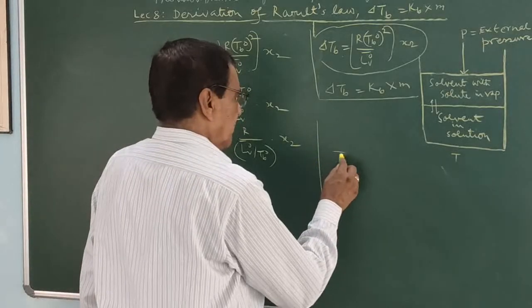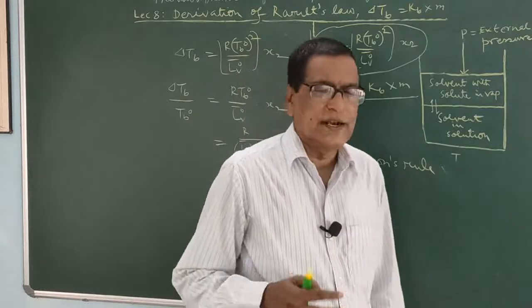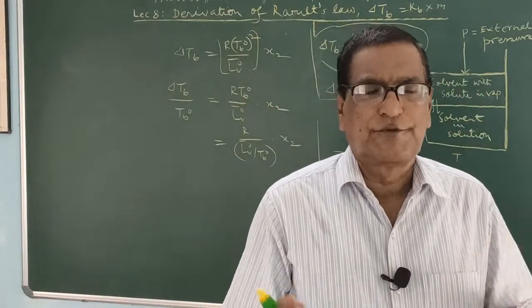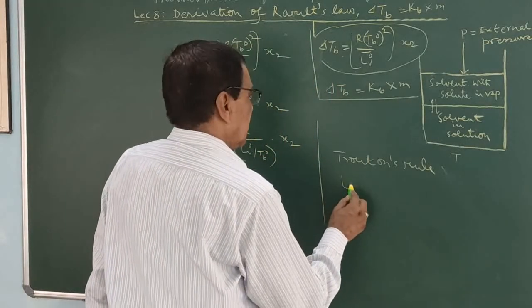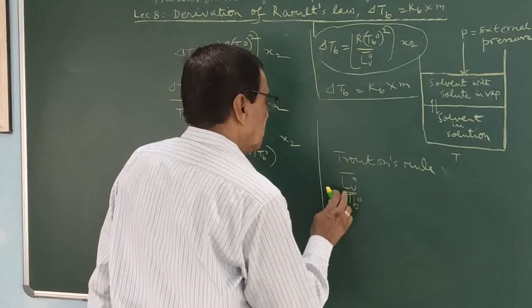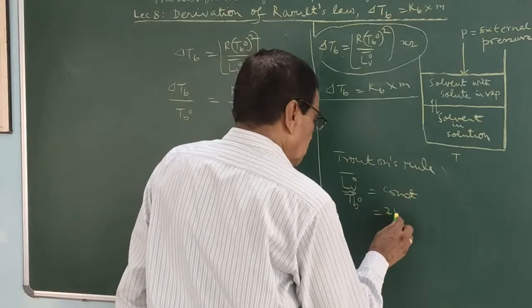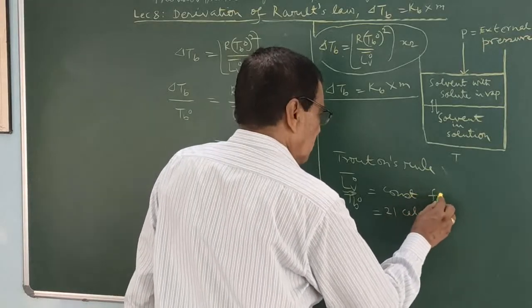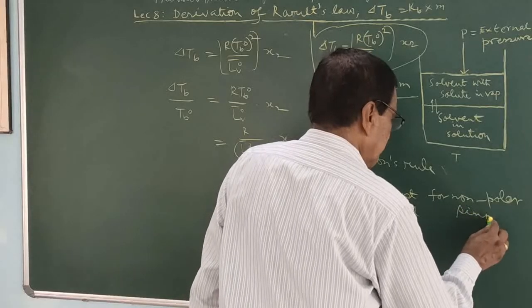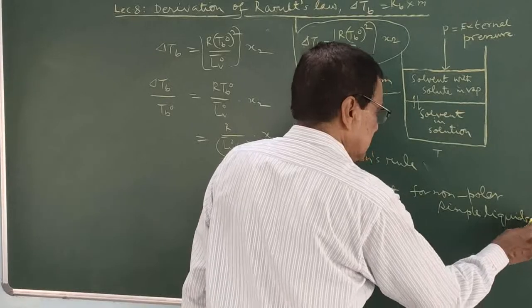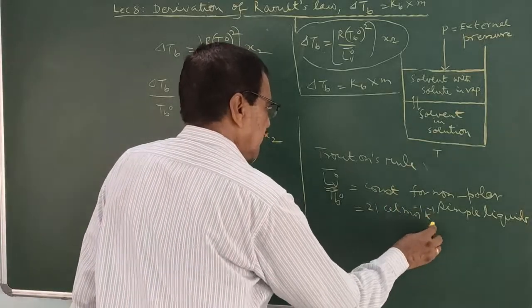But Trouton's rule, that I have described while we shot these video lectures on chemical thermodynamics, shows that LV naught bar divided by TV naught equals a constant, and this constant is about 21 calorie for non-polar simple liquids, and this constant is equal to 21 calorie mole inverse Kelvin inverse.